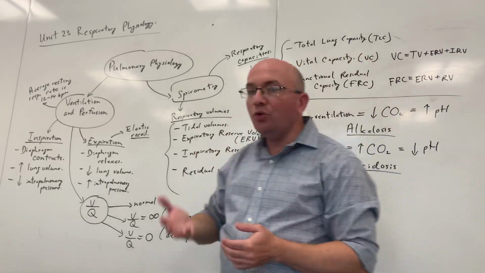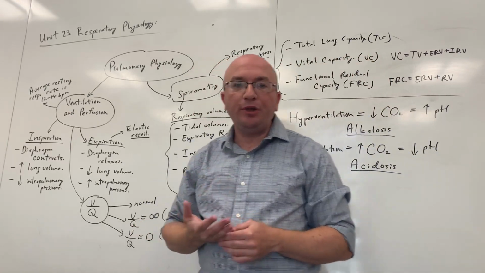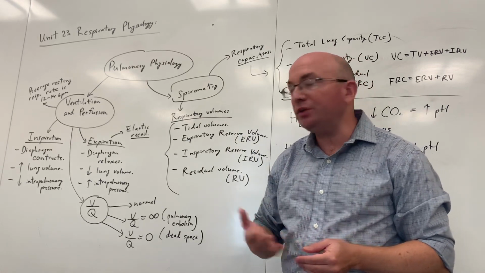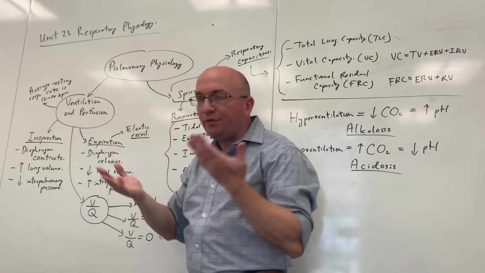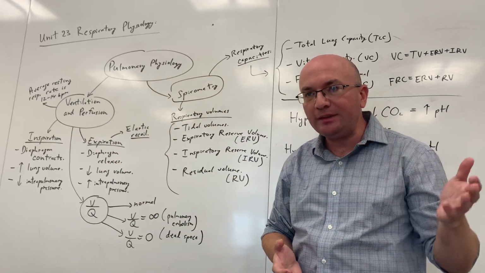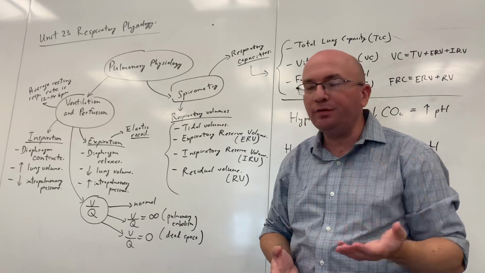So again, in order for respiration to be successful, in order for all the cells to ultimately get their oxygen, both ventilation and perfusion have to occur and they have to be balanced. Ventilation is the air passing through the airways, perfusion is the blood flow.